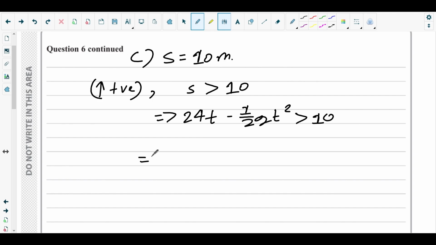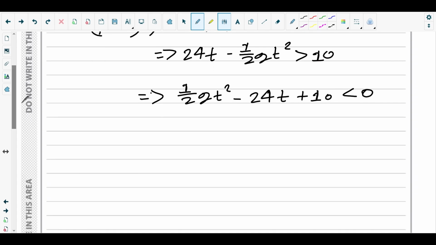Now what can we do? Take all the terms on the left side to the right side. So you get half gt squared minus 24t plus 10 less than 0. Now multiply both sides by 2 to remove the fractions.